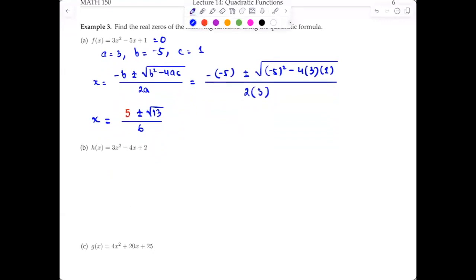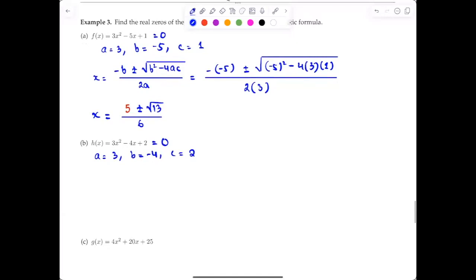All right. So similar to that, can we do the next example? So set this equal to 0 and define a to be 3, b to be equal to -4, and c is equal to 2. All right. x is equal to -b plus and minus square root of b squared minus 4ac divided by 2a.